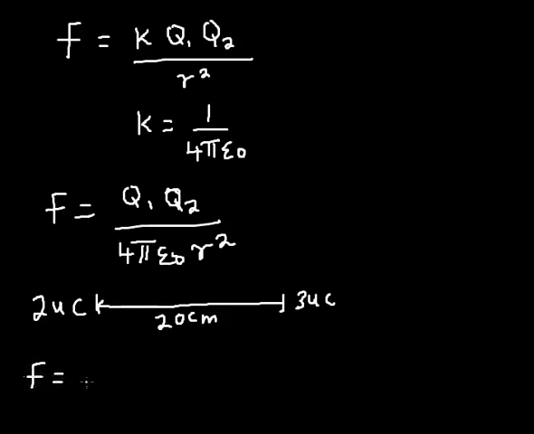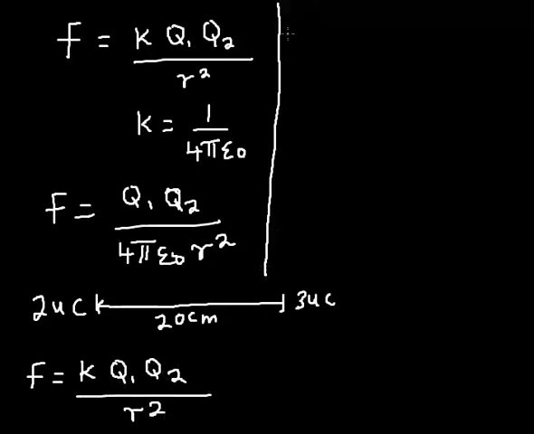So we go straight to our formula. Electric force is going to be K Q1 Q2 all over R square. Okay, so let me start. So here we go. Electric force is going to be equal to, my K is 9 times 10 raised to the power of 9.